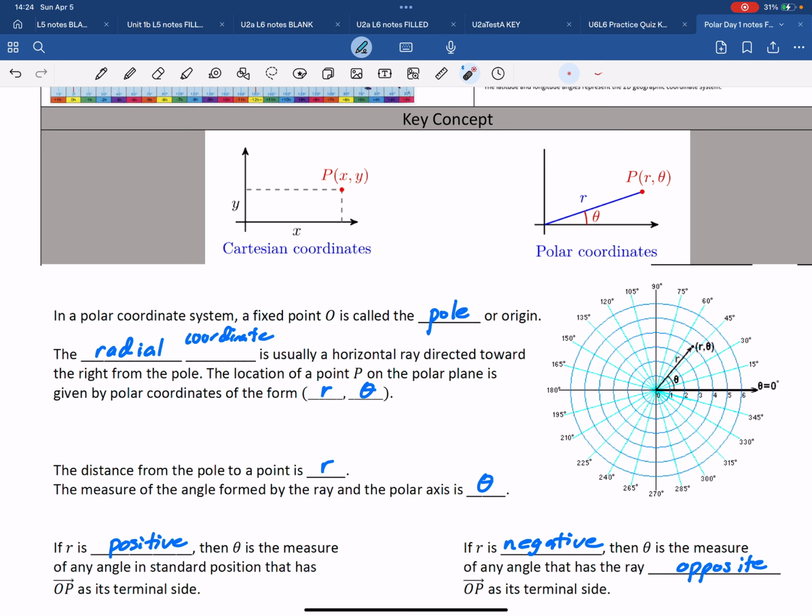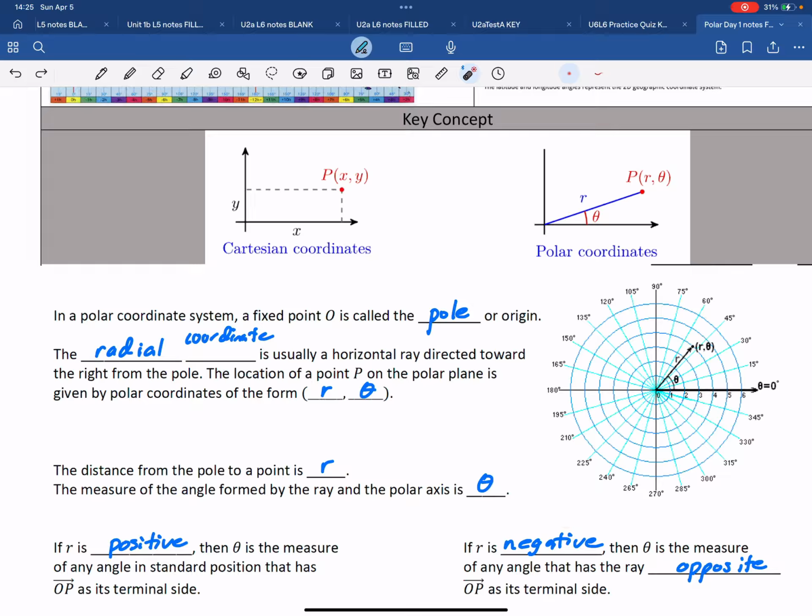R can be positive or negative, as can theta. So we just have some different conventions for that. If r is positive, then theta is the measure of any angle in standard position that has OP as its terminal side. So we don't have to worry about, for example, going in a negative direction and our angle not really referencing that negative radius. If r is positive, theta is just the distance between where we start and where that positive radius is emanating from.